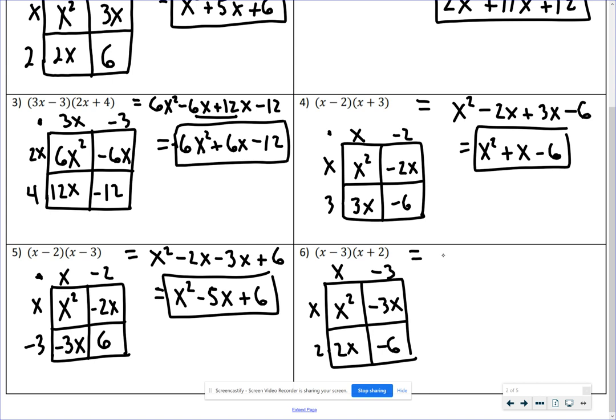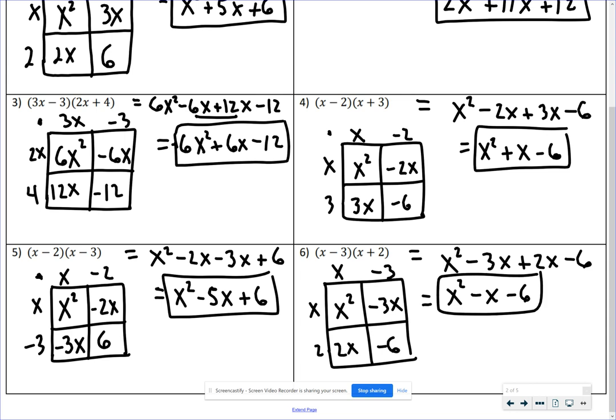And then we will write down the 4 terms, combine the 2 that are alike, and for our final answer, we have x squared minus x minus 6. And we're done.